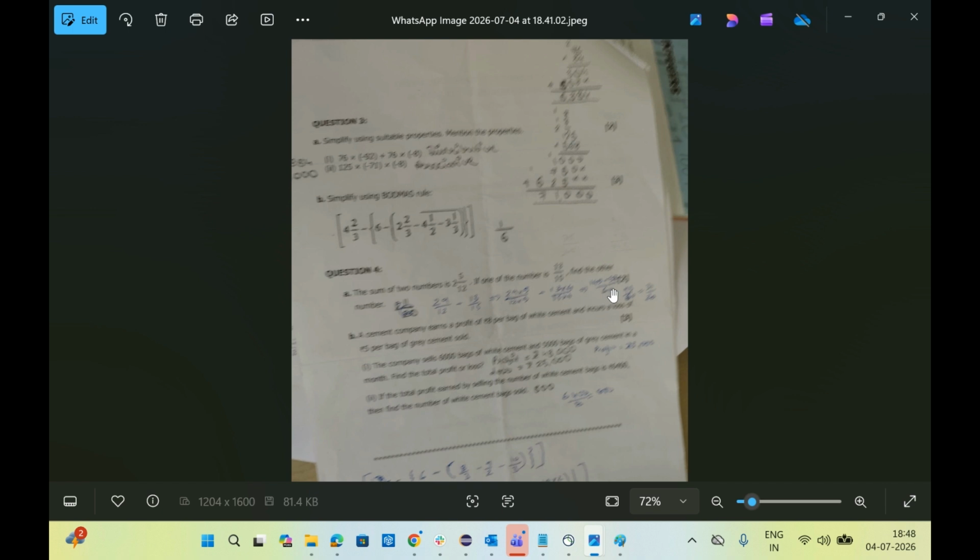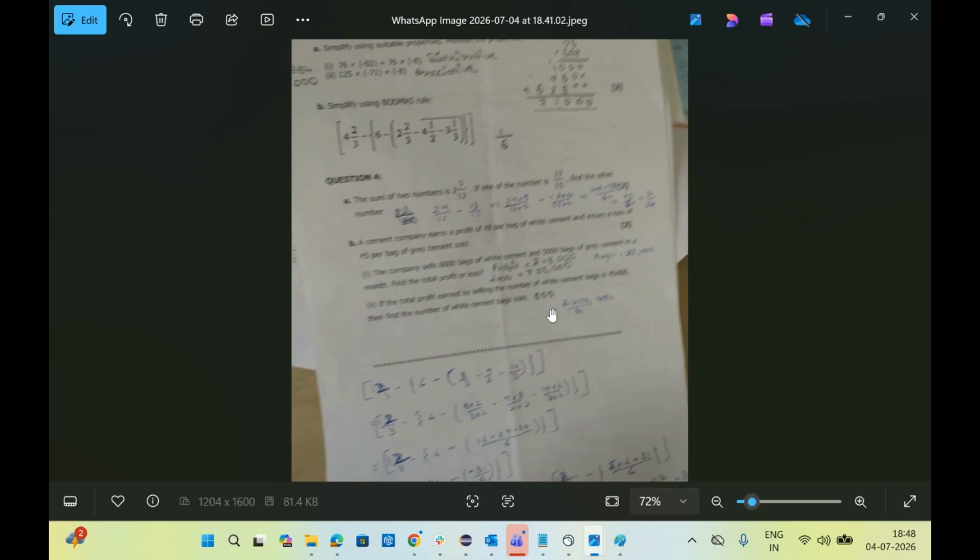So it will be 145 minus this one. 13 fours are 52. 145 minus 52 by 60. So the answer will be 31 by 20. Yes, sir. 31 by 20.